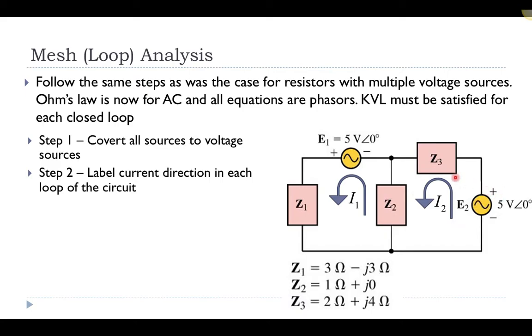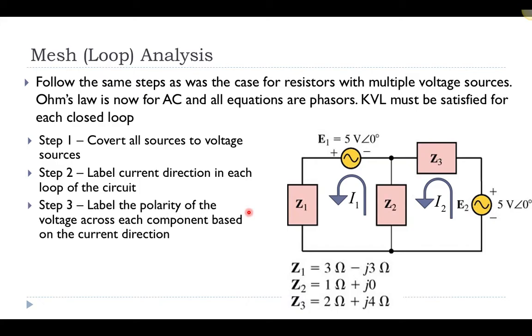And I base that on the polarity of the voltage supplies. But if you choose the other direction than what I chose, it's absolutely fine. You will still get the correct answer. It would just be, the phase angle might be different because that would imply a different direction.